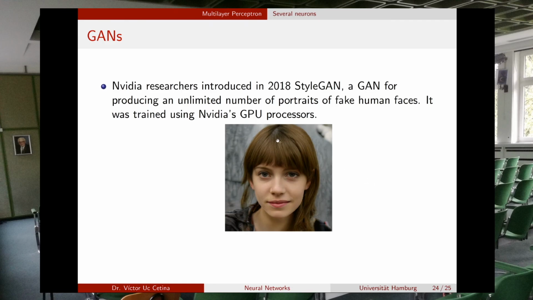One example is this face that looks very real but is actually a fake face. These networks were trained with NVIDIA GPUs, processors.